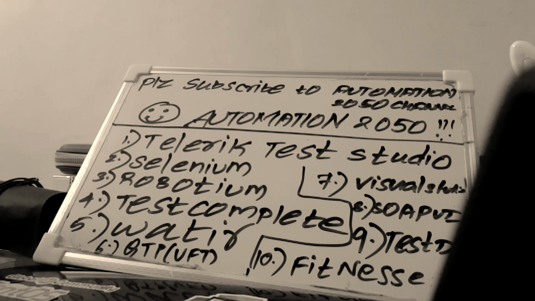Zyper, TestCafe Studio, and then IBM Rational Functional Tester, Silk Test, Cucumber, Worksoft Certify, Katalon Studio, then TestComplete, I already said. So these are the other additional automation testing tools available in the market.